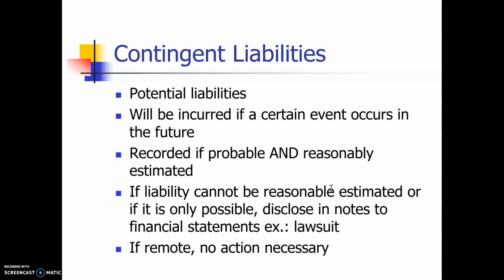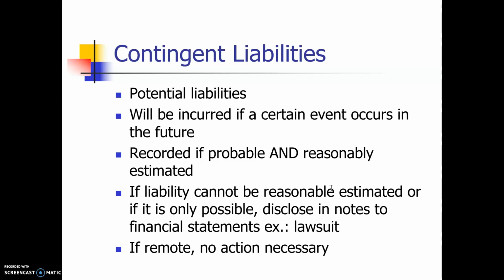So a lawsuit that we can't estimate or that we're not sure we're going to have to end up settling, we have to talk to our lawyers about precedent in the area that we're being sued in, right? And so we may not have to record it as a liability. We might just be able to, in the notes to the financial statements, say that we have a potential liability.